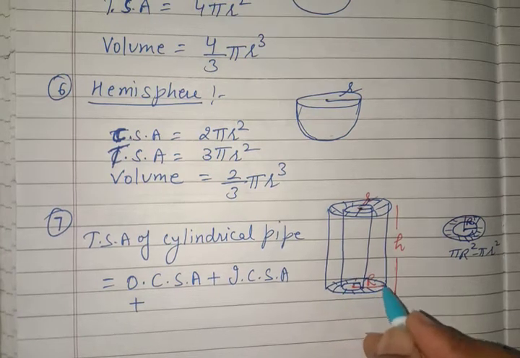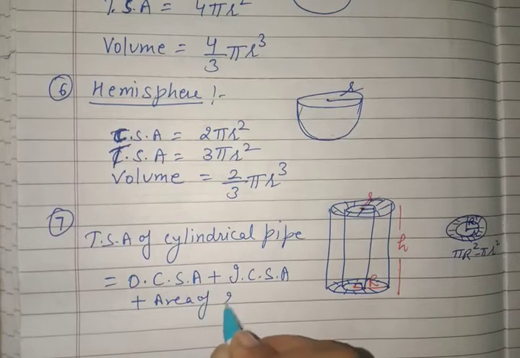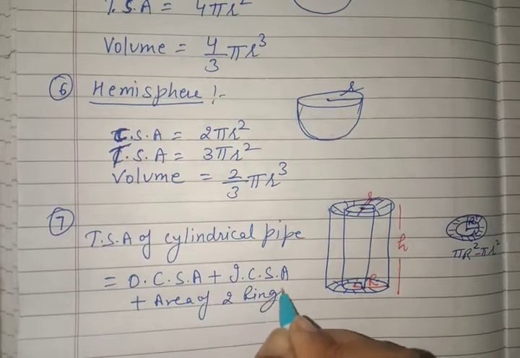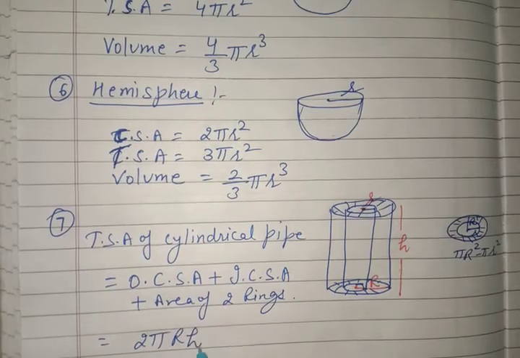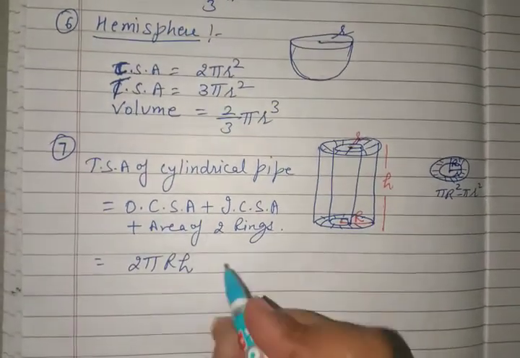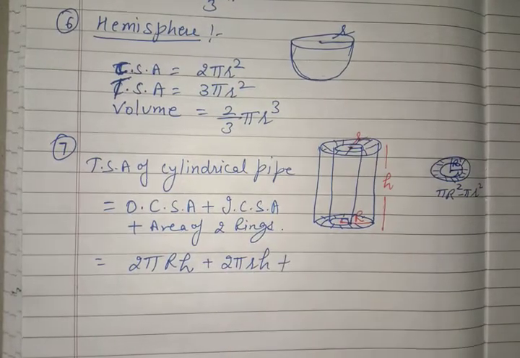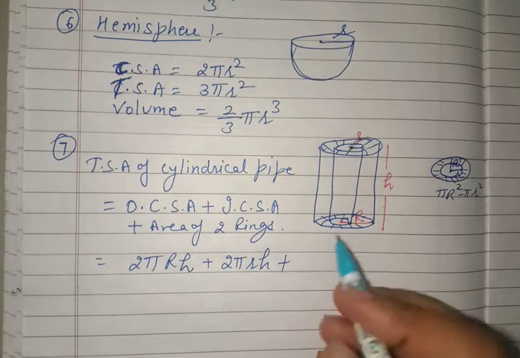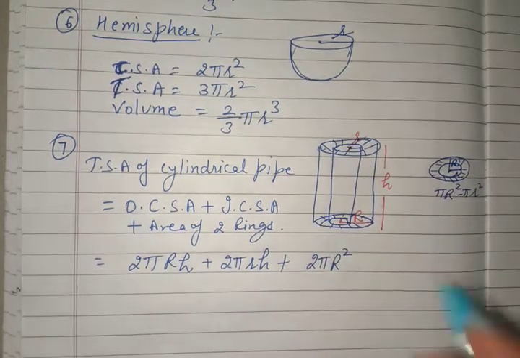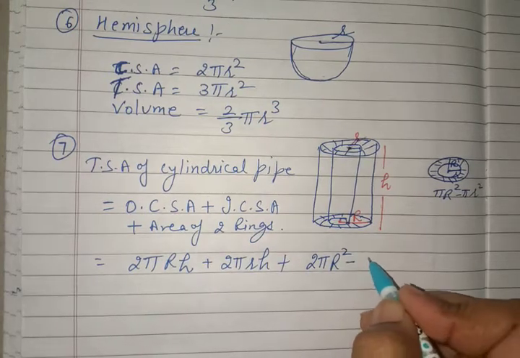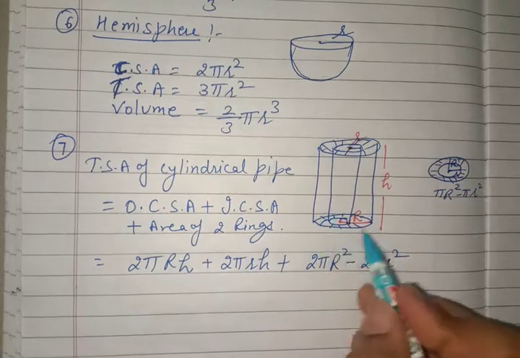So area of 2 rings, you can write. So this is equal to 2 pi capital RH plus 2 pi small rh, outer curved, inner curved, plus 2 pi R square minus 2 pi r square, area of 2 rings.